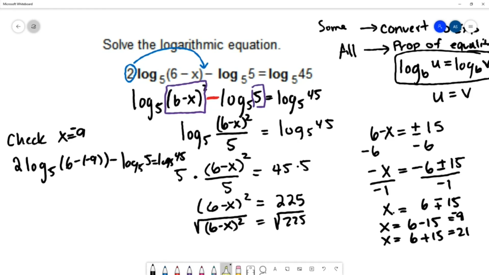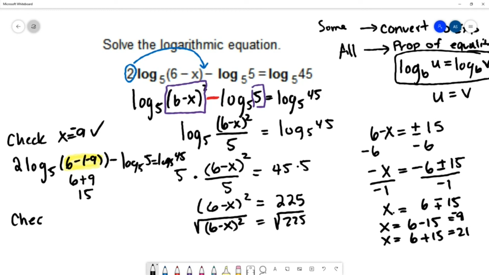So we're really only checking this one part here to make sure that we don't take the log of a negative. 6 minus negative 9 is the same thing as 6 plus 9, and that is 15. So we're going to be able to keep that solution.